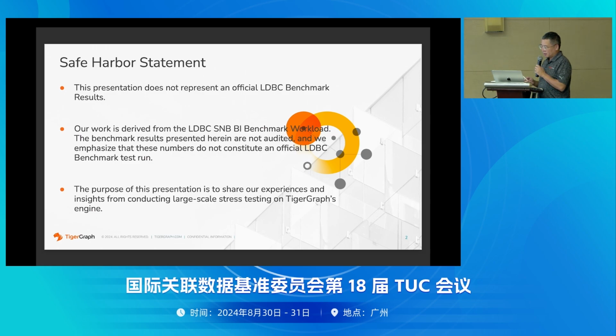It is a derived work benchmark, and it's not audited. So we emphasize these numbers do not constitute an official LDBC benchmark run. The purpose is to share our experience and insights from conducting a large-scale stress test on TigerGraph's distributed graph engine.